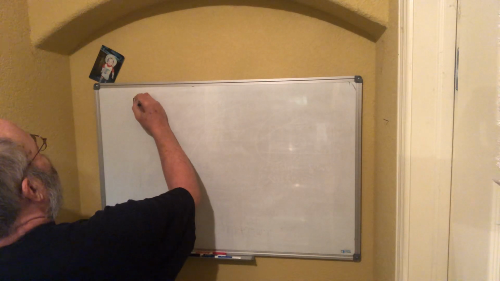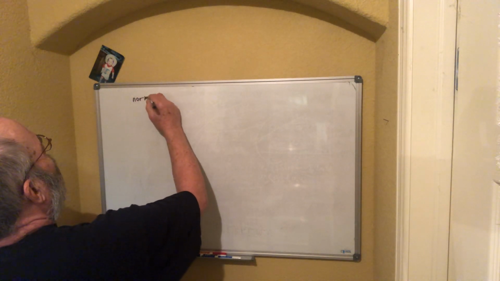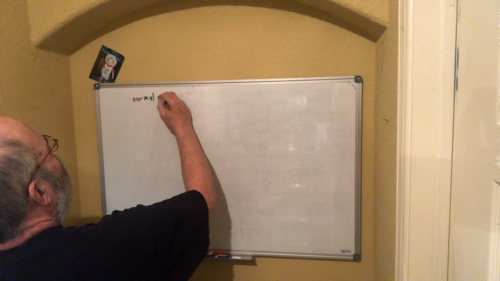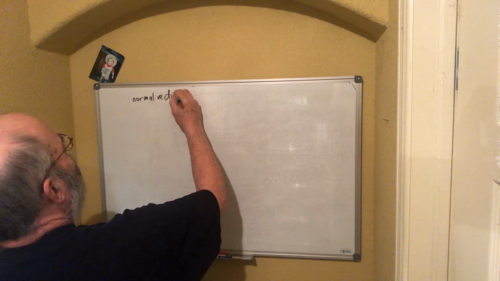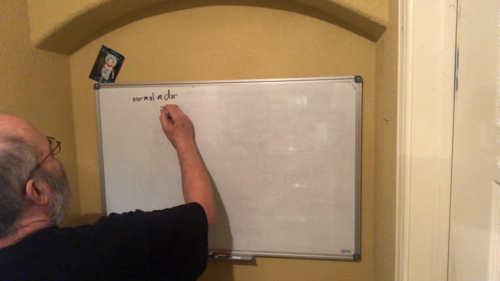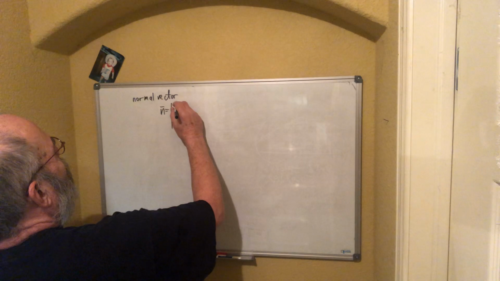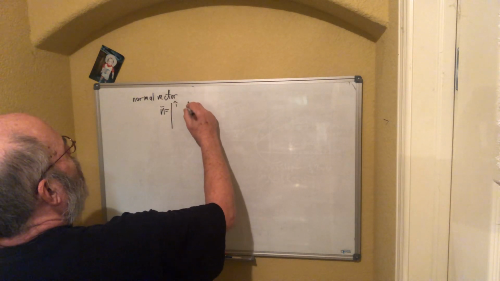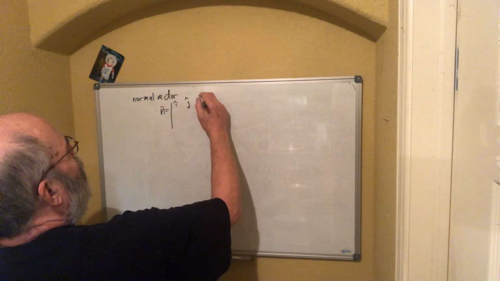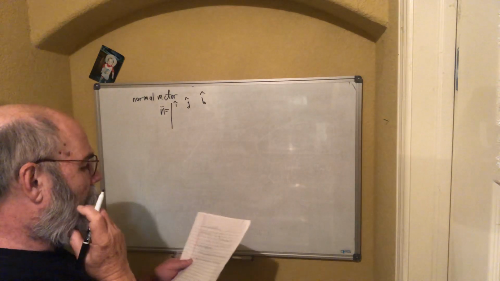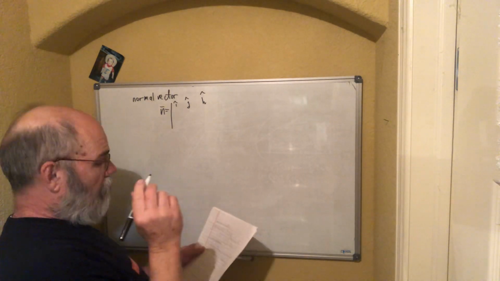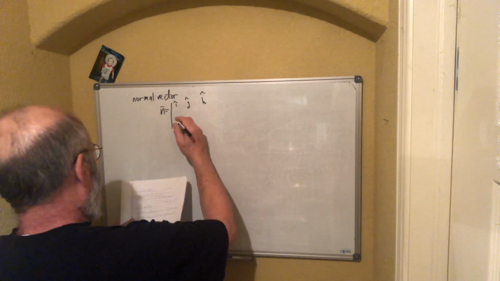So anyway, our normal vector is n, which is one of our usual cross products.